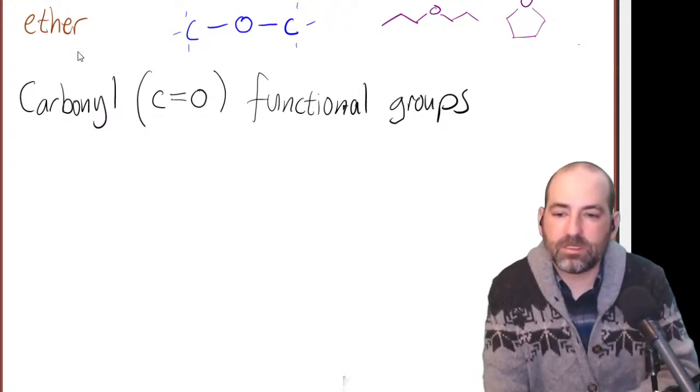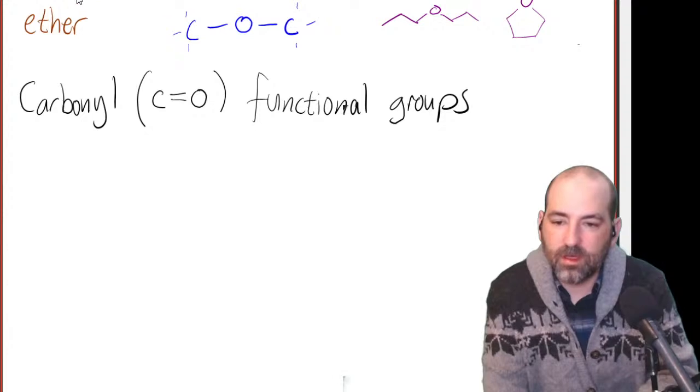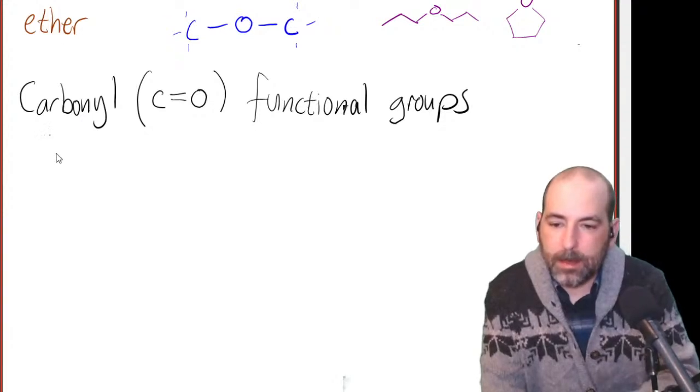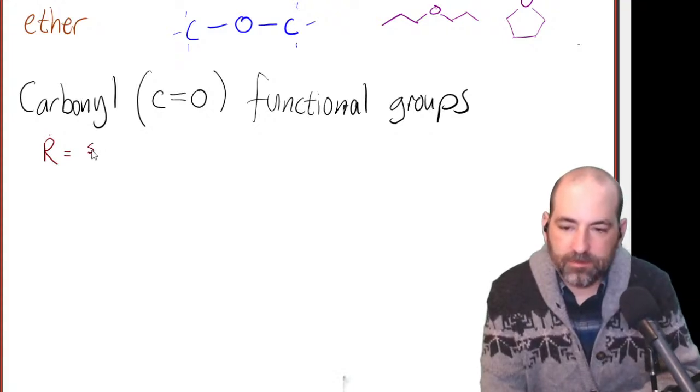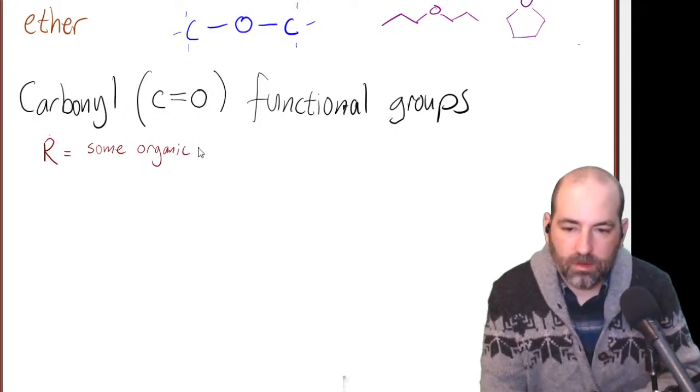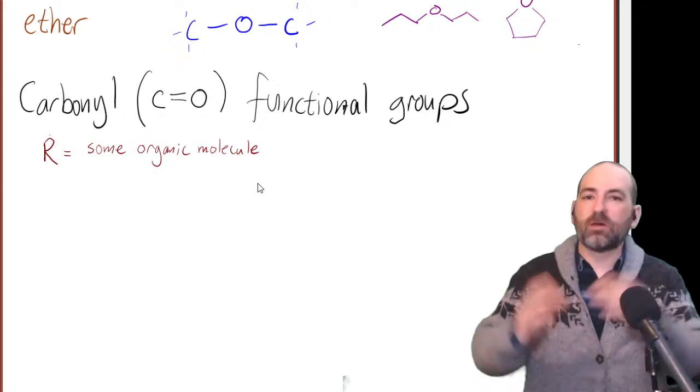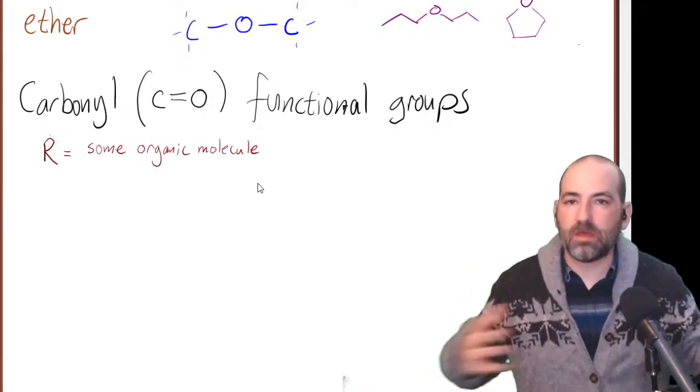And then another thing that you need to know as we do these is that when we write a capital R, it just means some organic molecule. So some stuff that involves carbon, hydrogen, maybe other stuff.